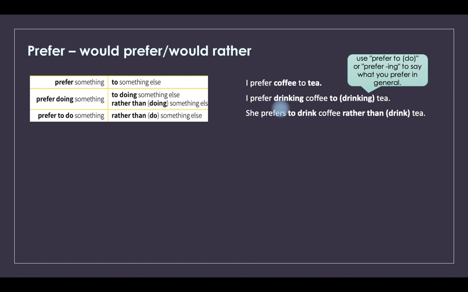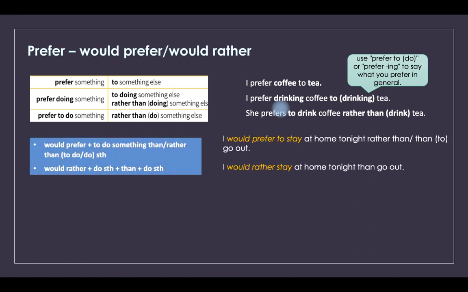But you can use prefer to do or prefer doing something when we speak about preferences in general. Would prefer to do something. Yeah, would prefer to do something than or rather than do something. Or we can also say would rather do something than do something else. I would prefer to stay at home tonight rather than or than to go out.